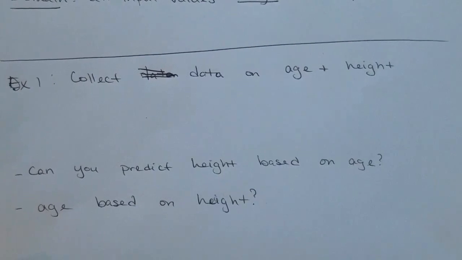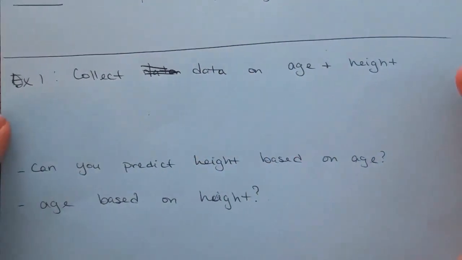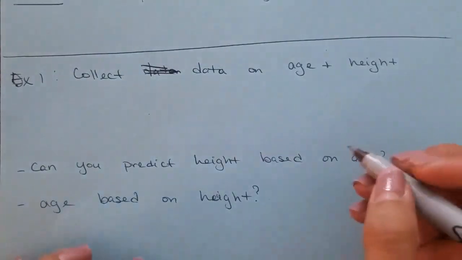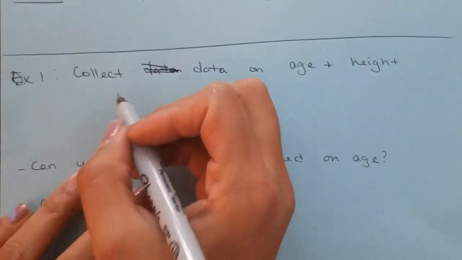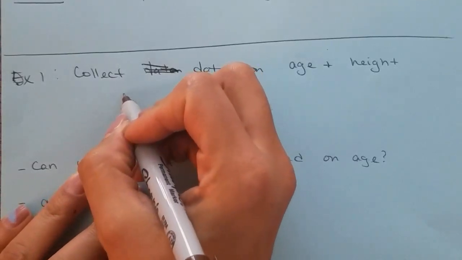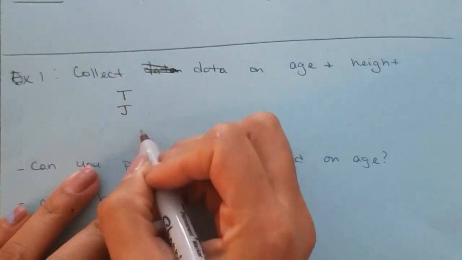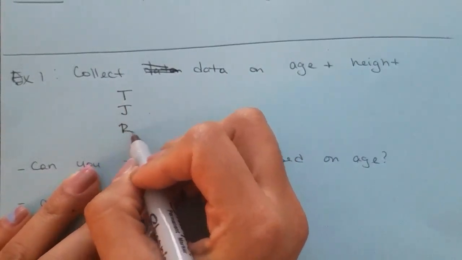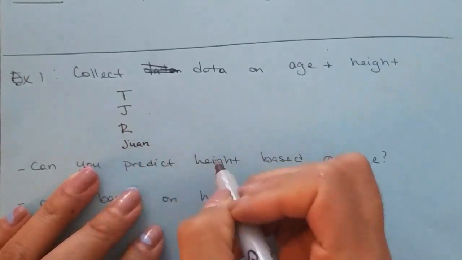All right, so we're going to go over a couple of examples. So say we are collecting data on age and height in your class, and you make a list of all the students in your class. This is kind of what I was talking about. So say you have Tyler and Jennifer and Ramon and Juanito, whatever.